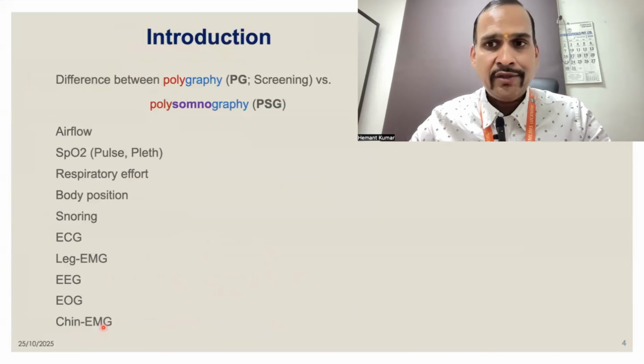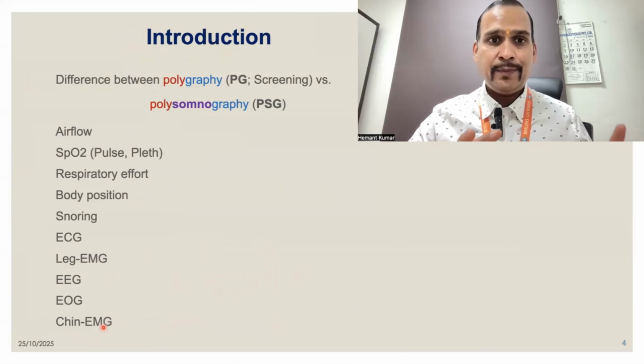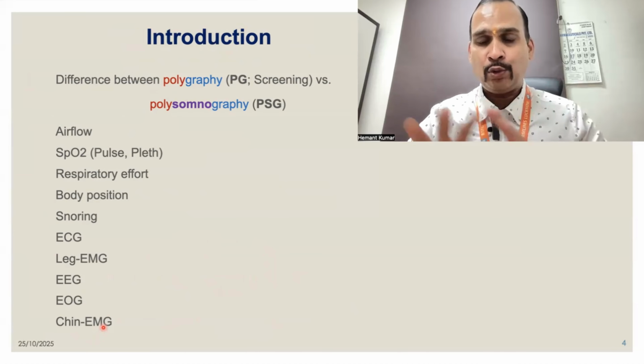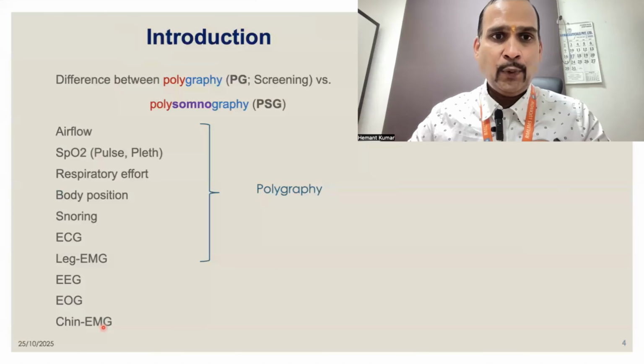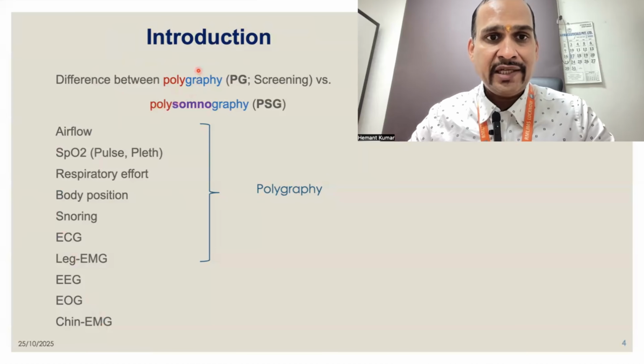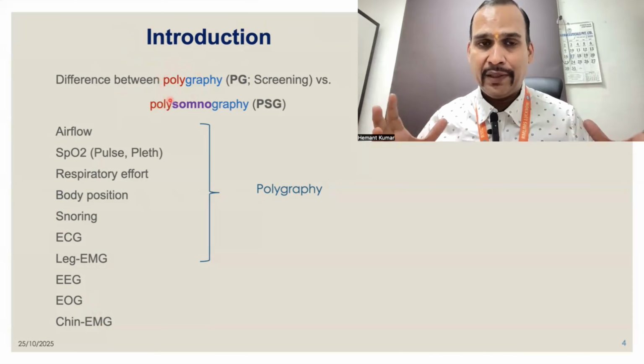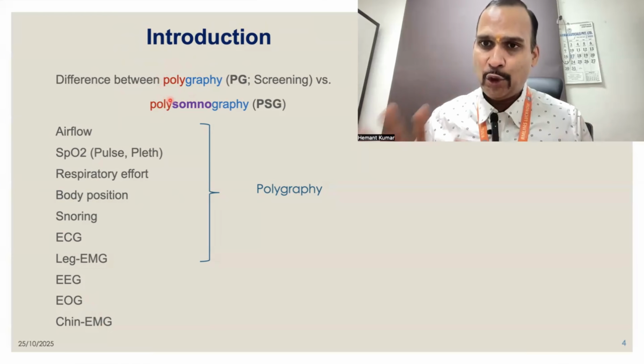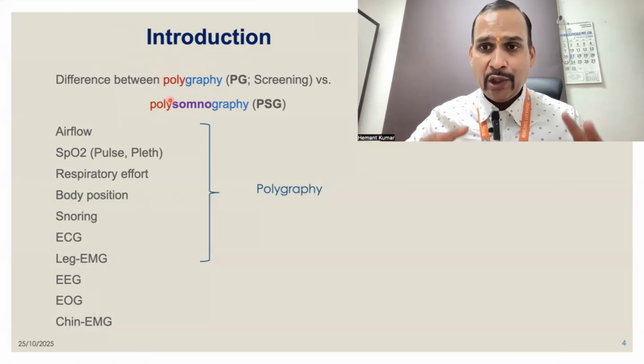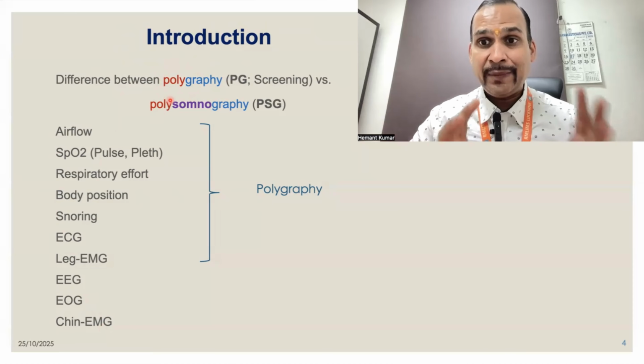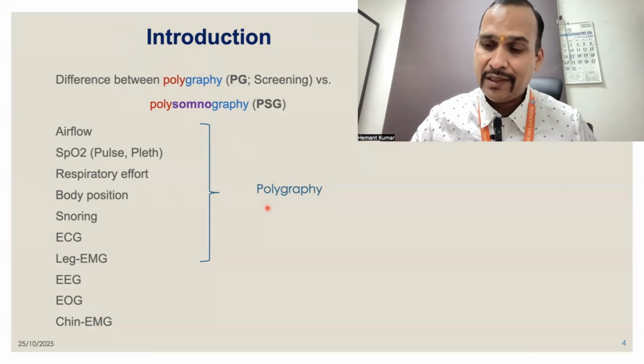So in the introduction, first we have to differentiate between polygraphy and polysomnography. In polygraphy, as the name suggests, poly means multiple, graphy means recording. If we are recording multiple channels, multiple parameters, this is called polygraphy.